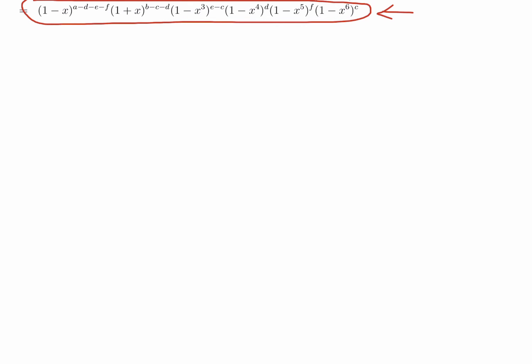This final step, the simplified version, is what we are going to work with, but we are going to make a few substitutions. This exponent we are going to call big A. So A will be a minus d minus e minus f. This exponent we are going to call B. So big B will be equal to b minus c minus d.